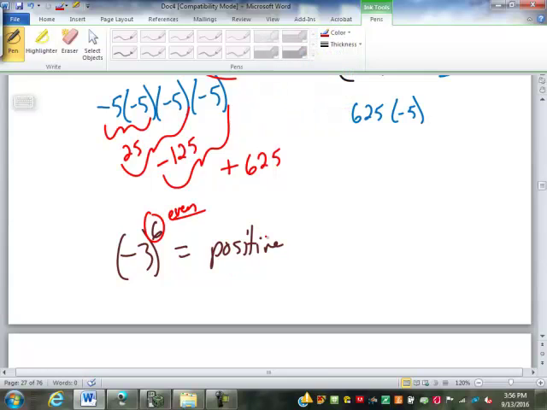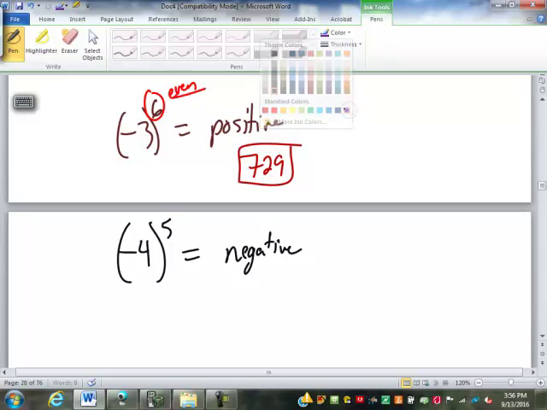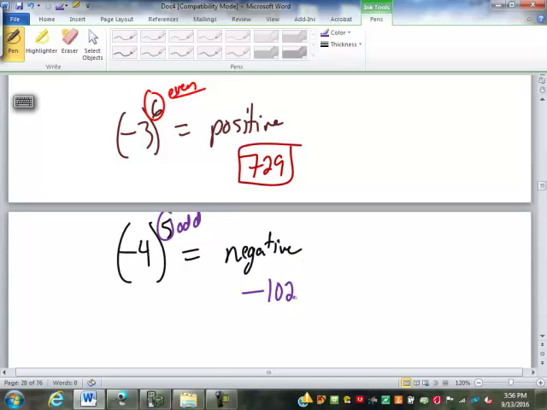That comes out to be a positive 729. Negative 4 to the power of 5 is going to be positive or negative? Negative, because this is an odd power. That comes out to be negative 1,024.